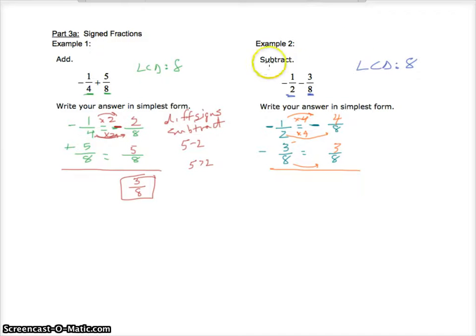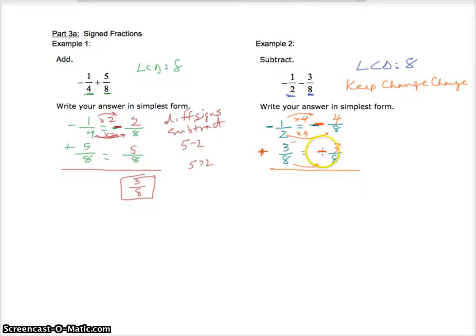Now I need to subtract, and since I've got signed fractions, I need to apply keep, change, change. So I'm going to keep my negative. It's still going to be negative 4/8. I'm going to change, so I'm going to add the opposite.